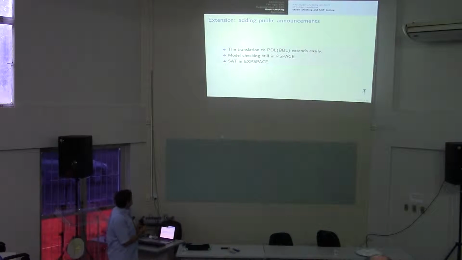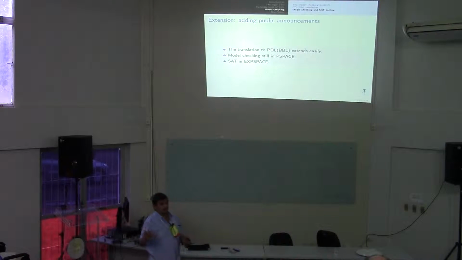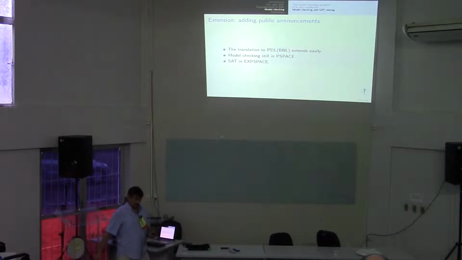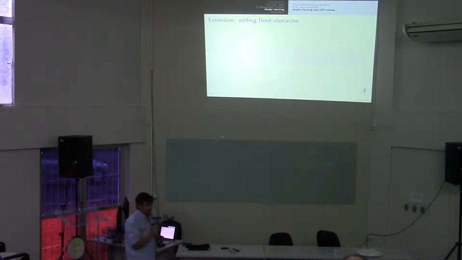Oh, sorry, I'm not quite correct. Satisfiability is now in exponential space, because the guessing is a bit trickier, so we don't have it yet translated into the existential fragment of the first-order theory of the field of reals. But the rest works fine, so it is still decidable.